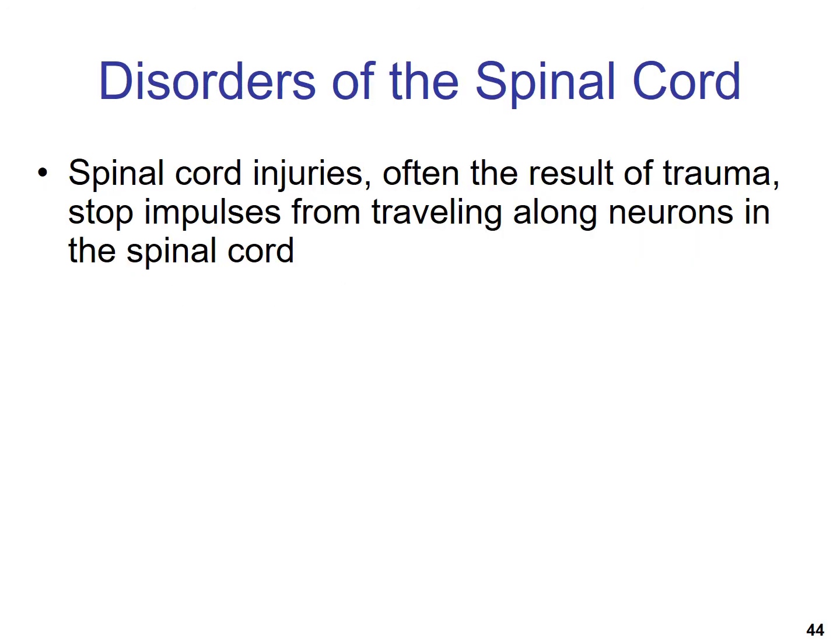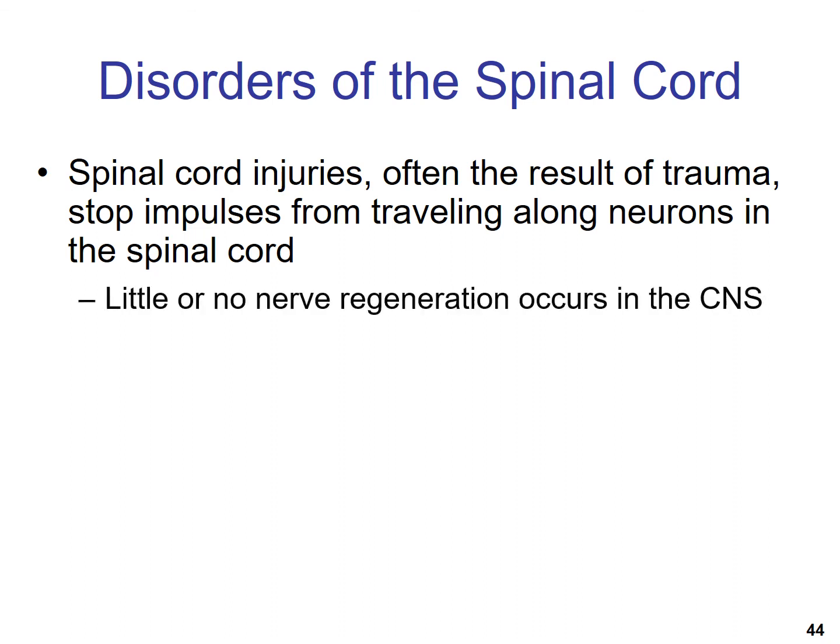So we're going to talk about disorders of the spinal cord. Most of the time, spinal cord injuries are the result of some sort of physical trauma, and these keep impulses from traveling along neurons in the spinal cord. A couple of things happen as a result of this. Sometimes the brain doesn't receive sensory information, and sometimes the brain can't send out motor information. It depends on the extent and the location of the spinal cord injury.